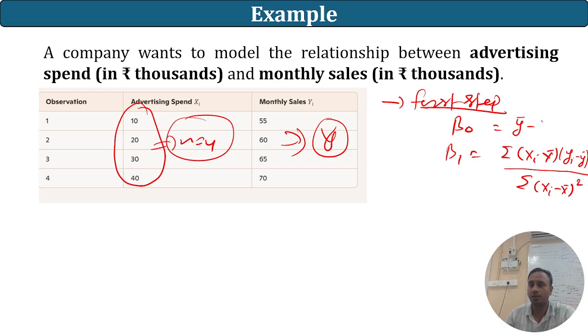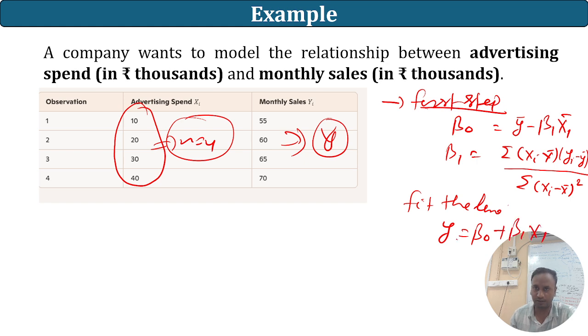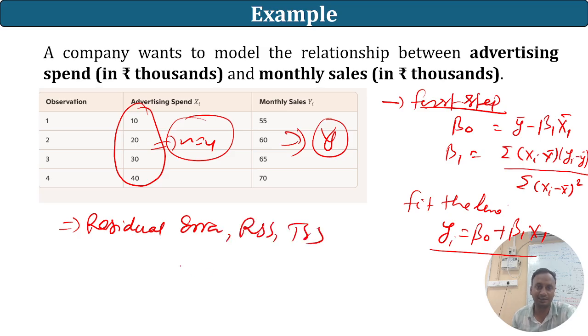Y bar minus beta 1 X bar. So this will calculate. After that, we'll fit the line Y is equal to beta 0 plus beta 1 xi. After that, what do we calculate? We'll calculate the residual error, the RSS, TSS.